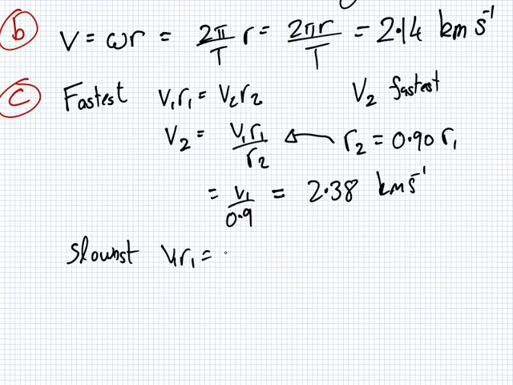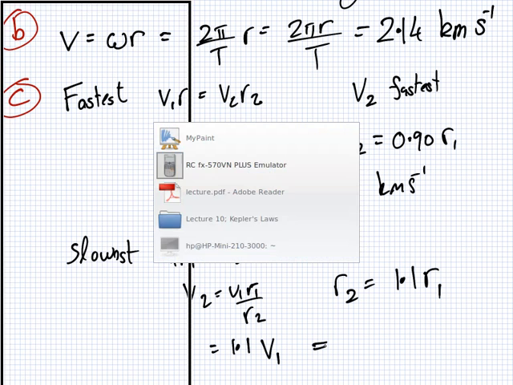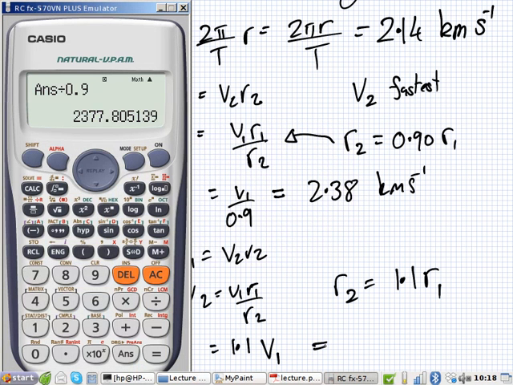V1 r1 equals V2 r2. So again, V2 equals V1 r1 over r2. So the slowest it will go is when r2 is biggest, and the biggest r2 can be is 10% more than r1. So it will be 1.1 times V1, which will be then, I'm sorry, I think I did that upside down.